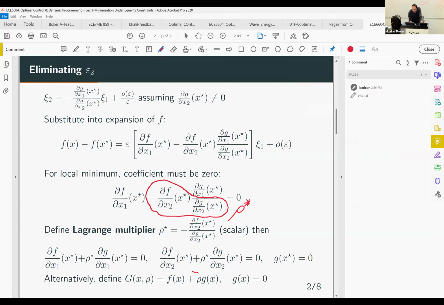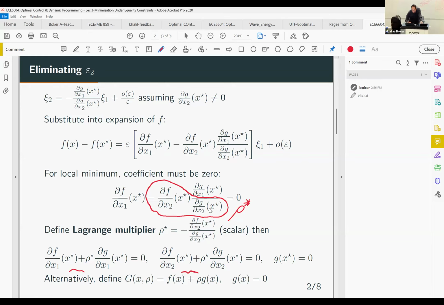Now these two equations will show you why this definition makes sense. Because once you do that, you have partial f with respect to x1 plus rho star partial g with respect to x1, and you could do the same for partial f with respect to x2 plus rho star partial g with respect to x2.